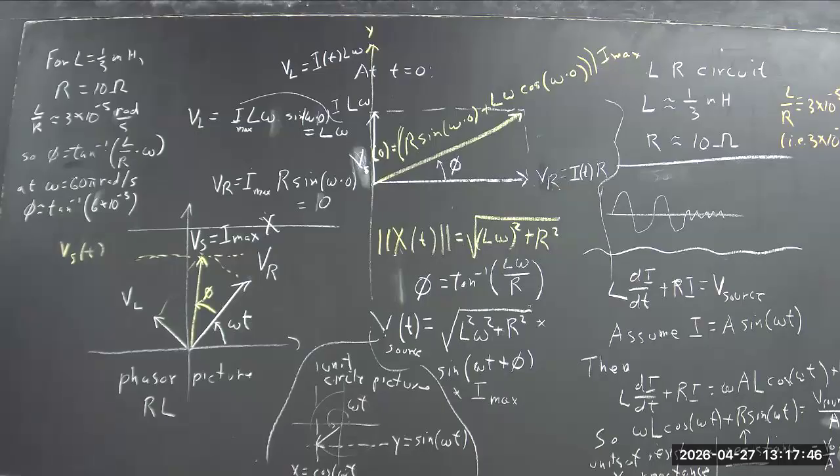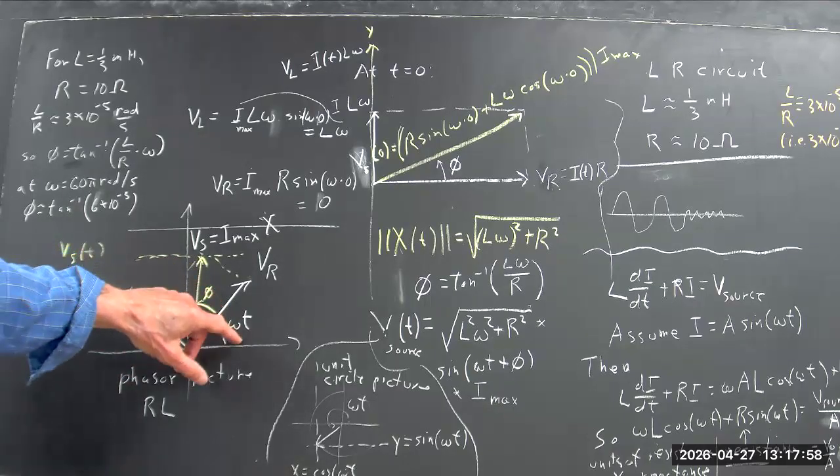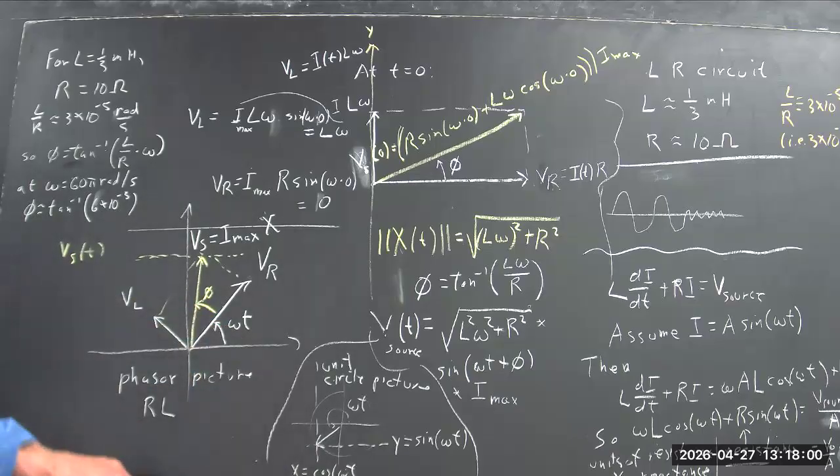You'd have to have very fine lines in a magnifying glass. Okay? So you should have essentially no change in the circuit at 20 hertz. Okay?